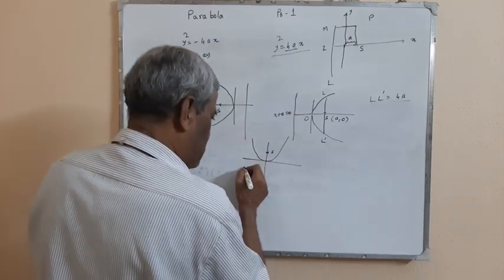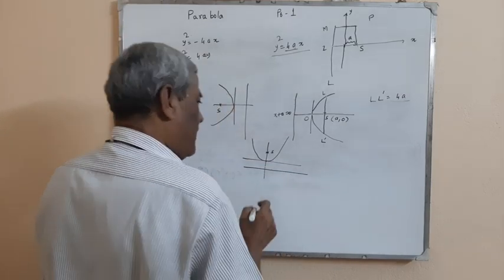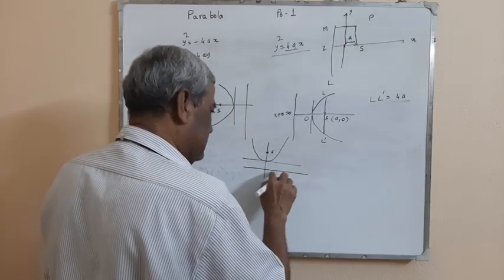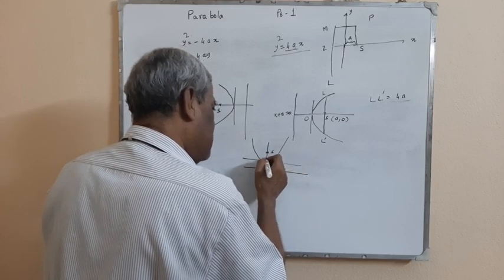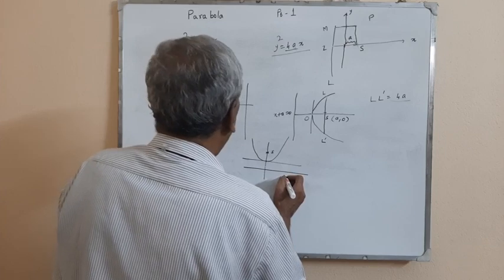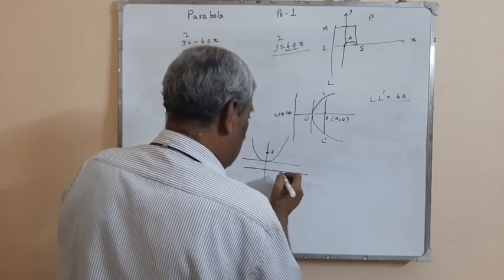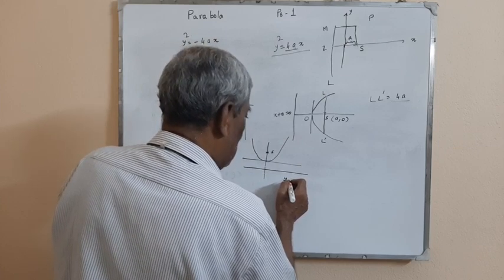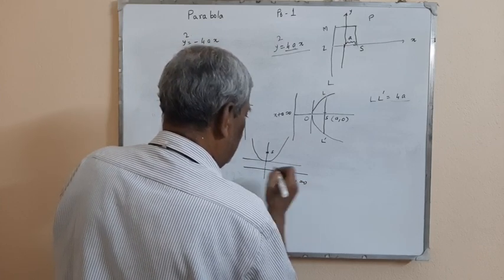The equation of directrix is below the x-axis, and its distance is a, this is again a. Its equation is y is equal to minus a, or rather y plus a is equal to 0.